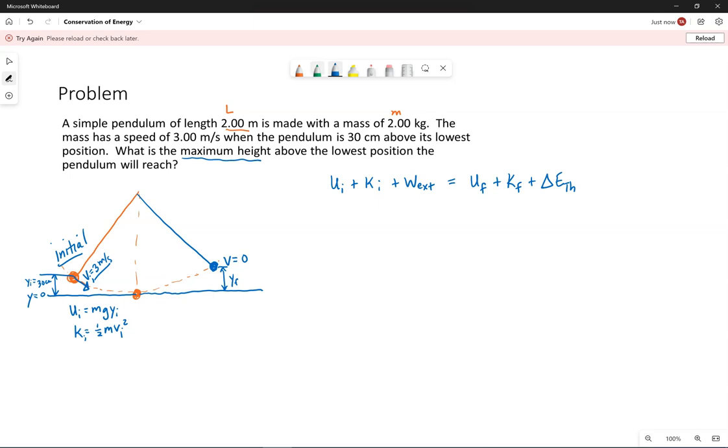At this final moment in time, over here, I'm choosing this maximum height to be the final moment because this is where I want to find the y final.